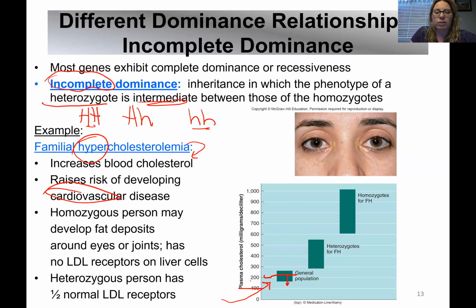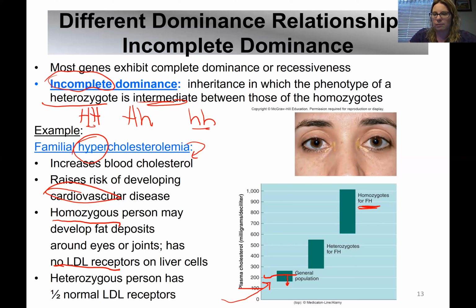A person that is homozygous for familial hypercholesterolemia has very, very few receptors on their liver to pull cholesterol out of the blood. So any cholesterol that's in the blood remains in the blood and is not pulled out like it would be in a normal functioning liver.